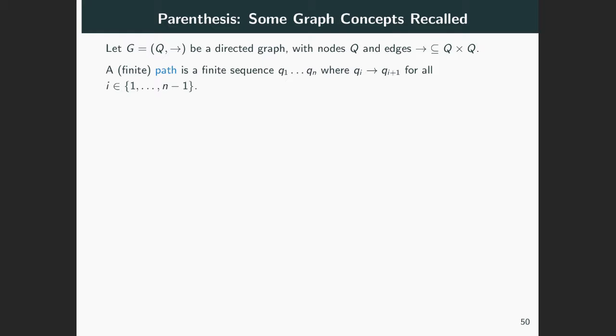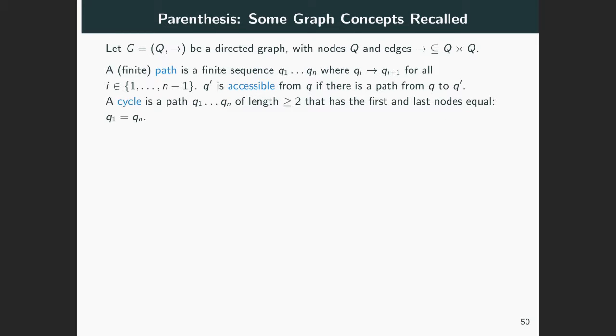It is a finite sequence of nodes consecutively connected by edges. And the node Q prime is said to be accessible from a node Q if there is a path from Q to Q prime. For example, if Q1, Q2 up to Qn is a path, then Qn is accessible from Q1, and also Qj is accessible from Qi if i is smaller than j.